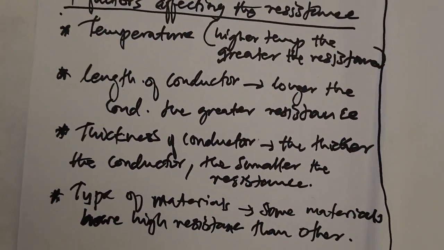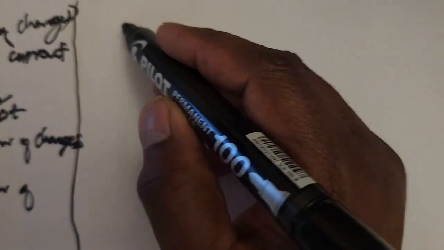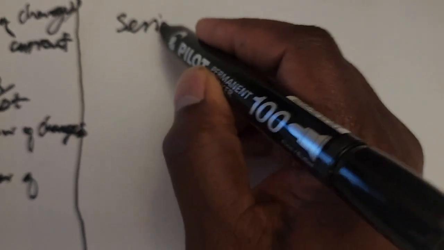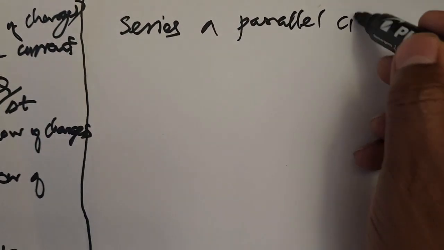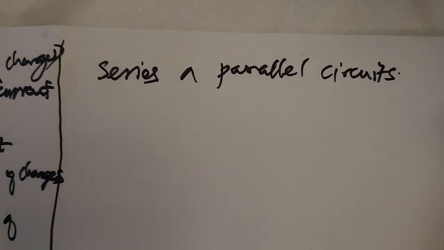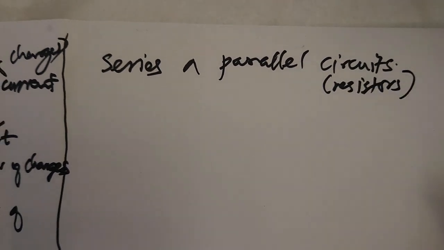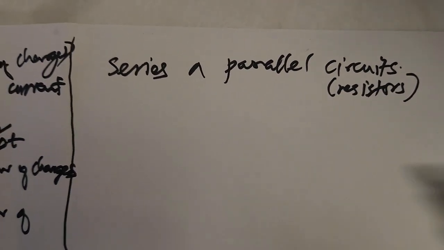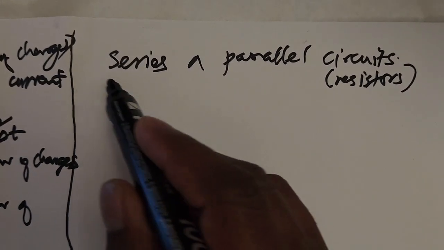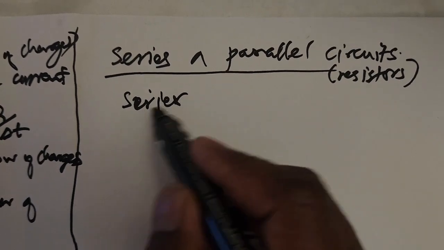Now, moving from these factors, we come to what we learned in grade 9 as well. Somewhere in grade 9 we learned about series and parallel circuits. Circuits here are normally referring to resistors. Let's start with series resistors.